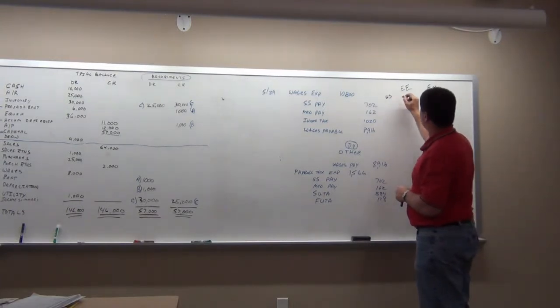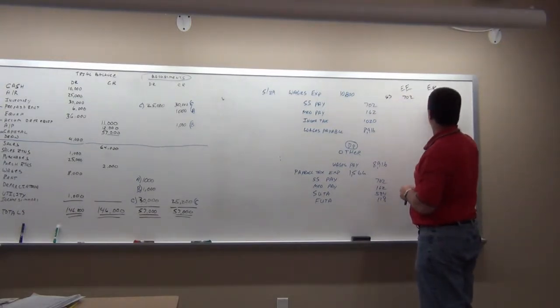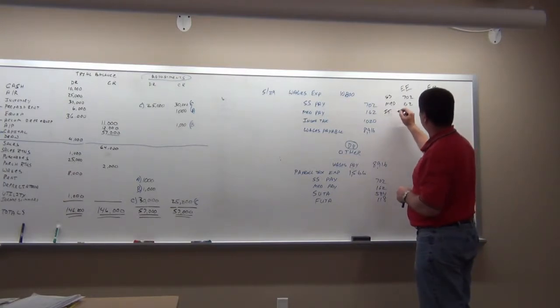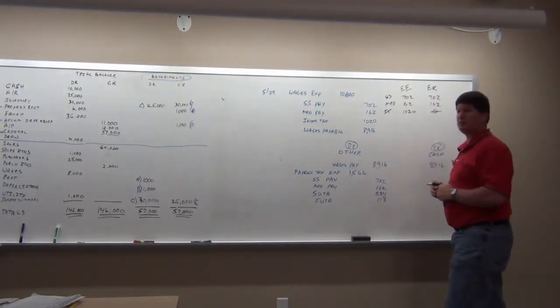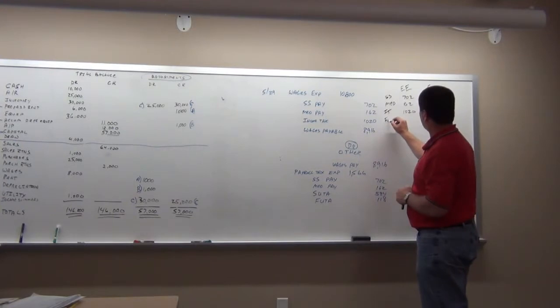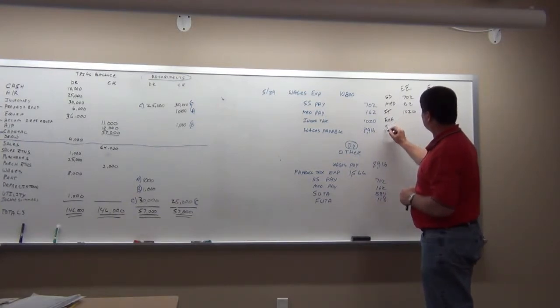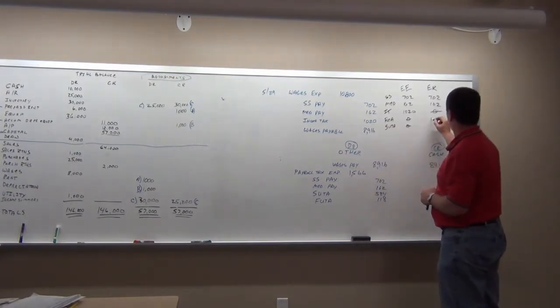For Social Security, it's 702 and 702. For Medicare, it's 162 and 162. For income tax, it's 1020 and 0, because the employer doesn't match it. For FUTA and SUTA, the employee doesn't pay it, but the employer does.